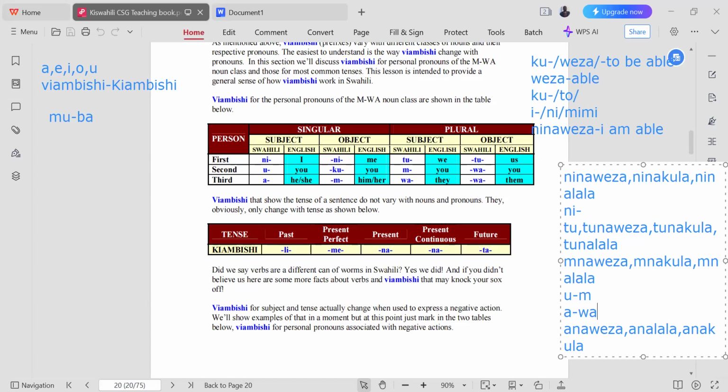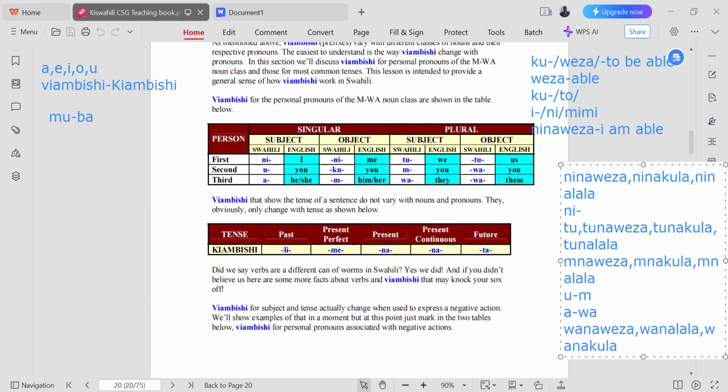If we go back to our examples, where there was anaweza, it will now be wanaweza. You put wa, so it will be wanaweza. Where we have analala, it will be wanalala. On anakula, it will be wanakula.